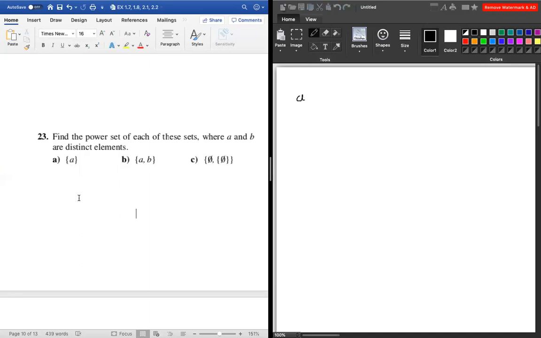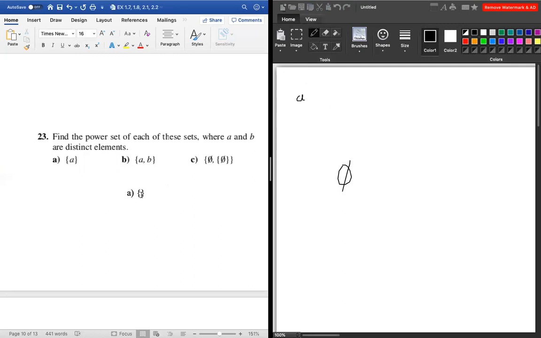So let's take part A. Maybe I can do it over here. Our power set is basically a set which contains all the possible subsets. One thing to note here is the empty set, which, as I mentioned earlier, is denoted by this symbol here.